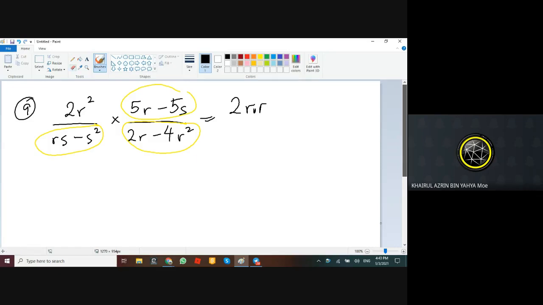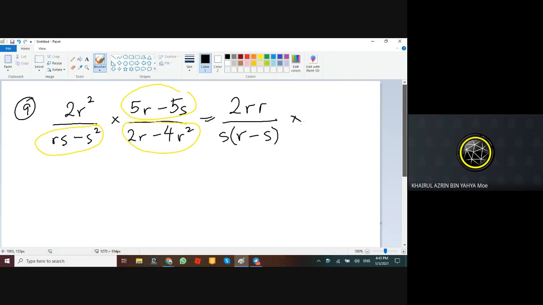Okay, so 2r square, I write 2rr. Down here, s we can factor, so here it becomes s times r minus s. Correct or not? s times r is rs, s times s is s square.